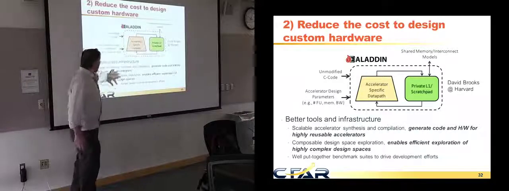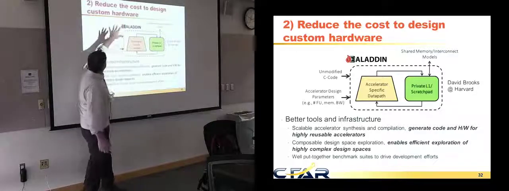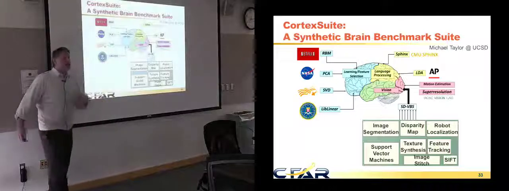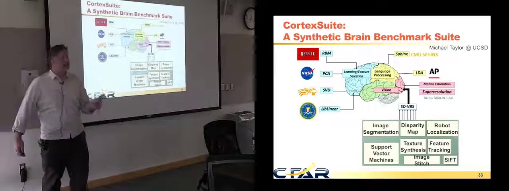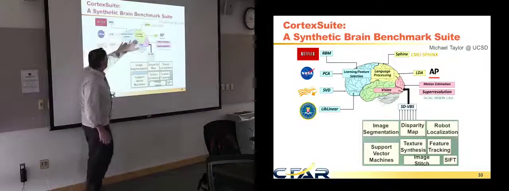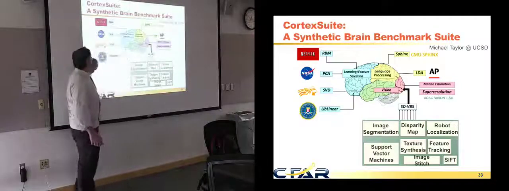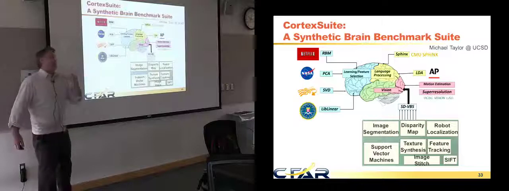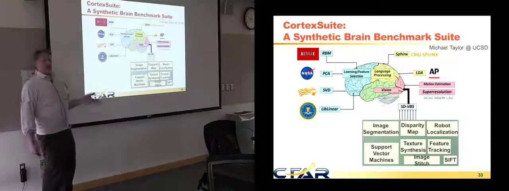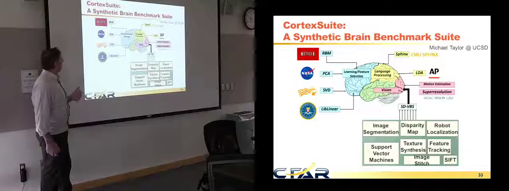In addition to this, if you want to design effectively and inexpensively, we're going to need good benchmarks to help us understand what tomorrow's killer applications are. A great example of this is the Cortex suite from Mike Taylor at UC San Diego. The Cortex suite brings together a lot of next generation algorithms you normally associate with humans doing by hand.